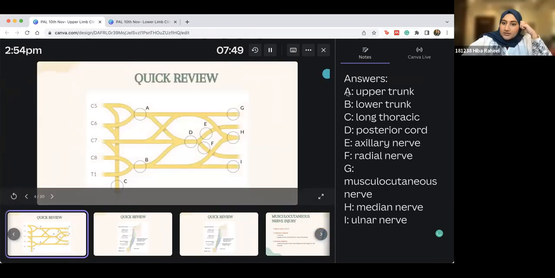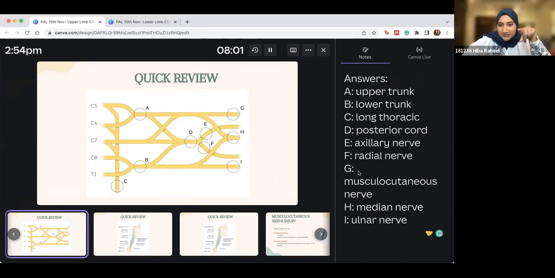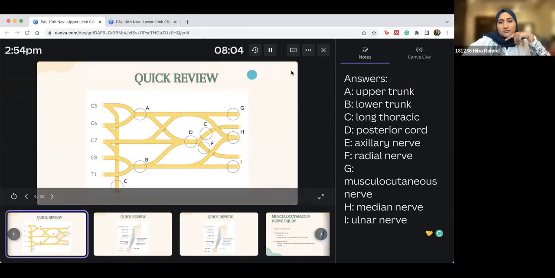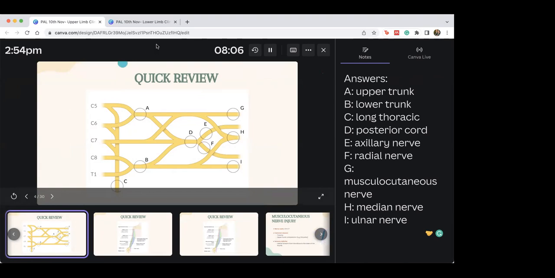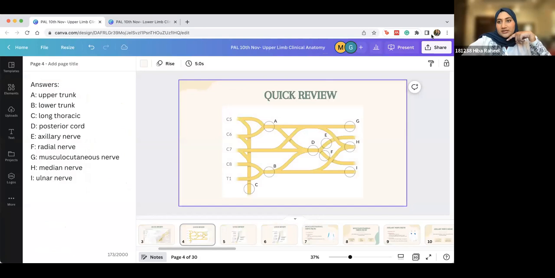Do you see the answers on this side, or do you just see the slides? Do you see my notes section? Yes, you can see the notes section on the side. Okay, wait, how do I fix that?